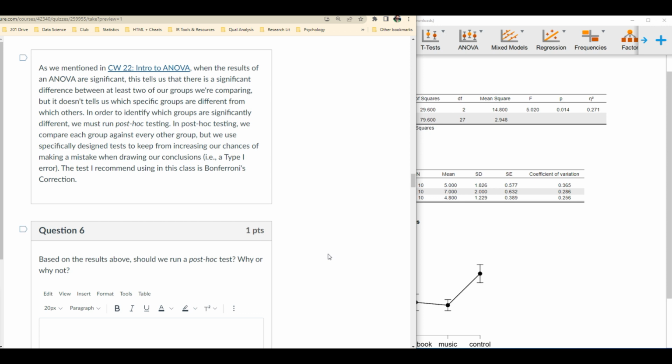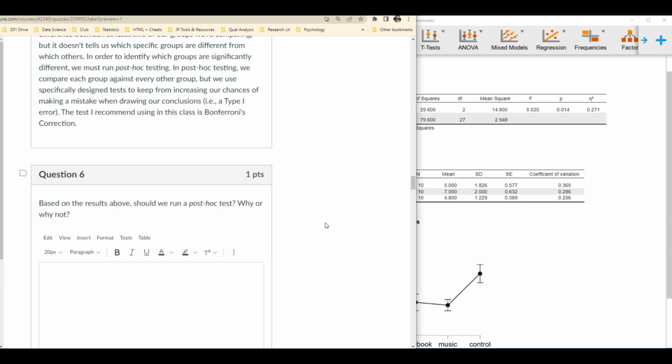So we want to avoid increasing the chance of saying I found something when there's not really something there. When we test more than one thing, each time we test, we are saying we're willing to accept 5% error on this. And that error starts to add up, right? So if we're doing multiple tests in one, we need to adjust for that so that we're not inflating our chances of making a false conclusion.